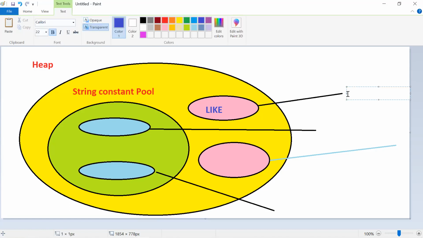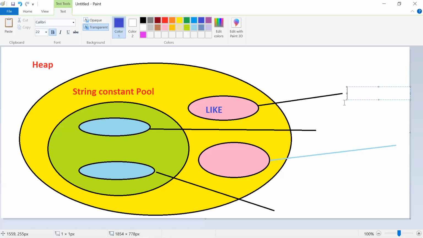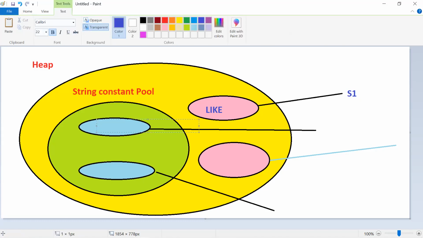So this is s1, and like would be created first in the heap area, and the reference will be passed to the heap area object. Another object would be created in the string constant pool. That's here. So like, but the reference won't be passed over here.